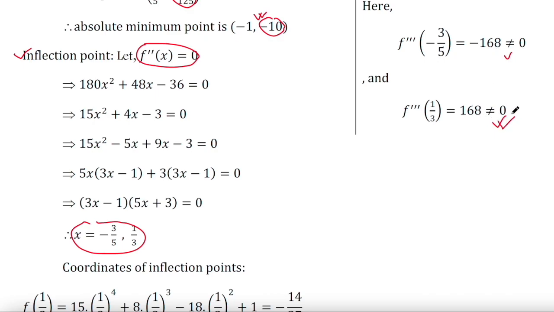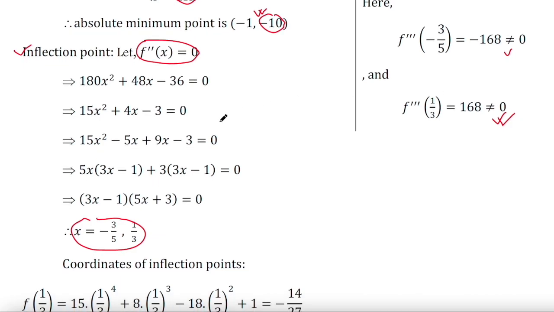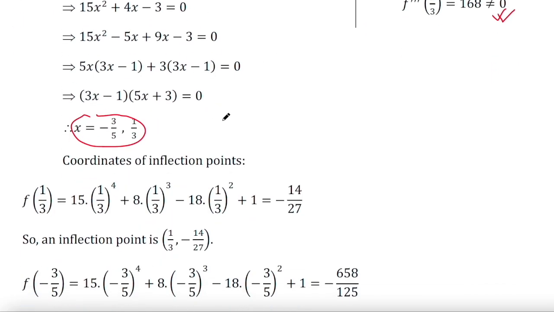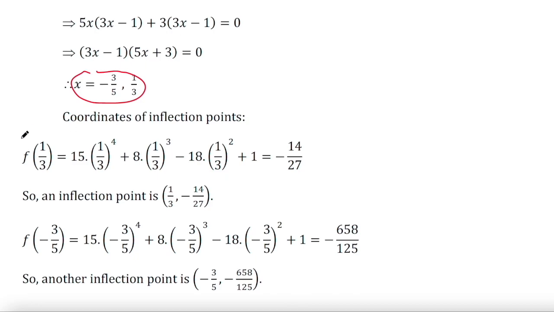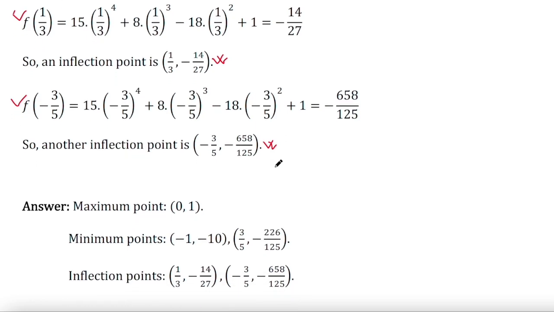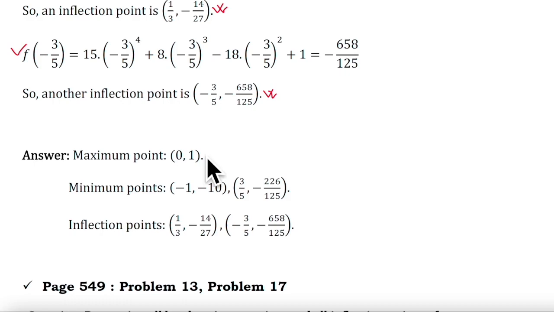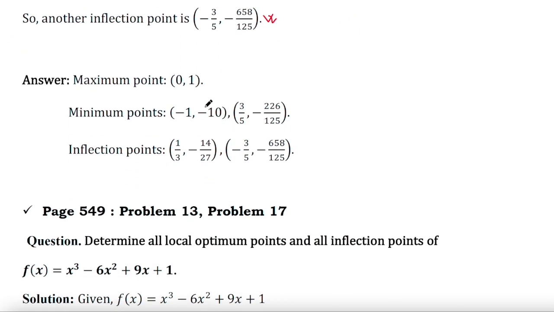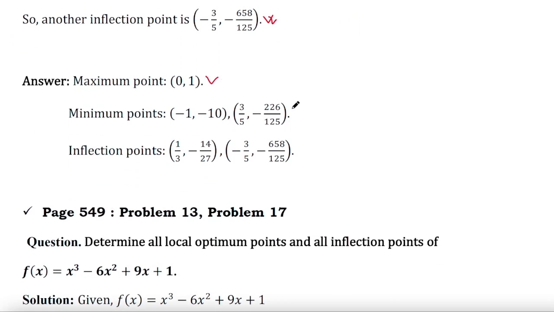So there are two IP, inflection points. The y coordinate you will get similarly again from the given function. So the 2 IP will be, this one is the first inflection point and another inflection point is this one. So the result is that there are one maximum point, two minimum points and two inflection points.